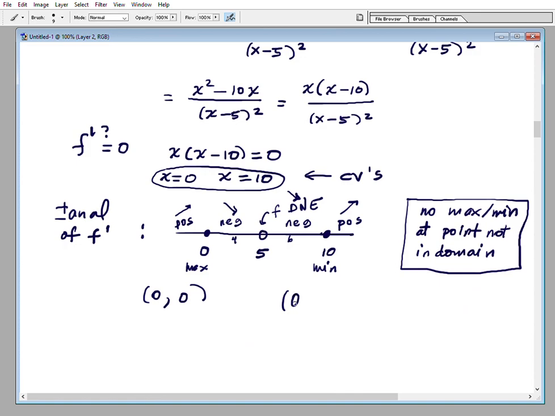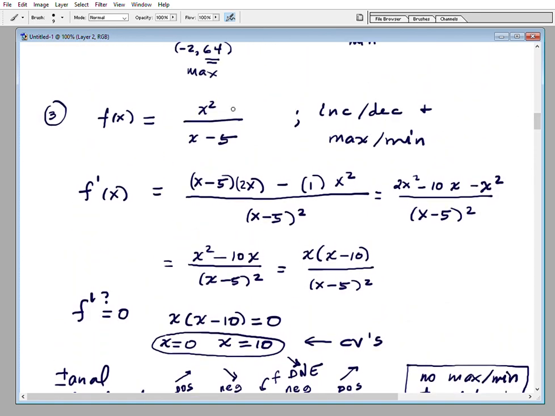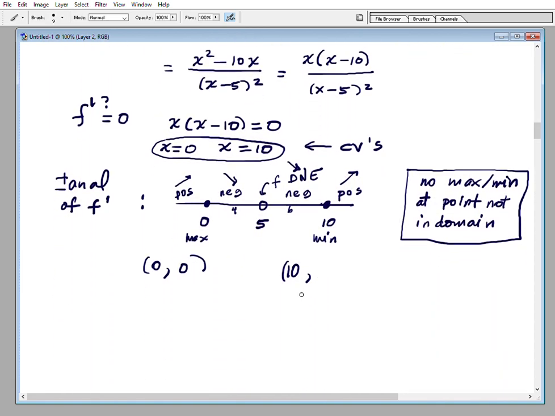And then 10 back into f, and we get 100 over 100 minus 5. We're plugging in 10 minus 5. All right, so we have 100 divided by 5, so 20.